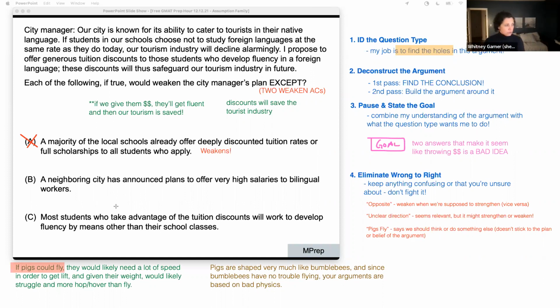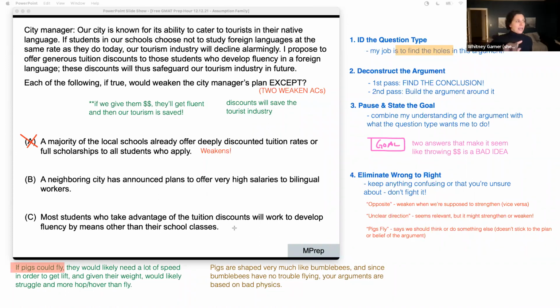So most students who take advantage of the tuition discounts will work to develop fluency by means other than their school classes. And so I just want to double check on the argument. The argument says, I'm going to give discounts to students who develop fluency.